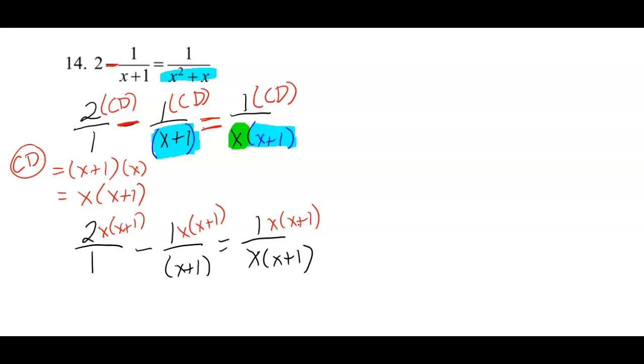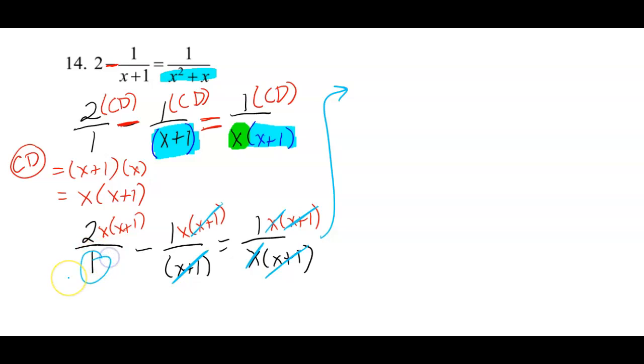Now all I need to do is reduce out things that are in common. So on the first fraction, I don't have anything. Second fraction, x plus 1 over x plus 1. Last fraction, x plus 1 over x plus 1, and also x over x. So now everything's been crossed off of the denominators.